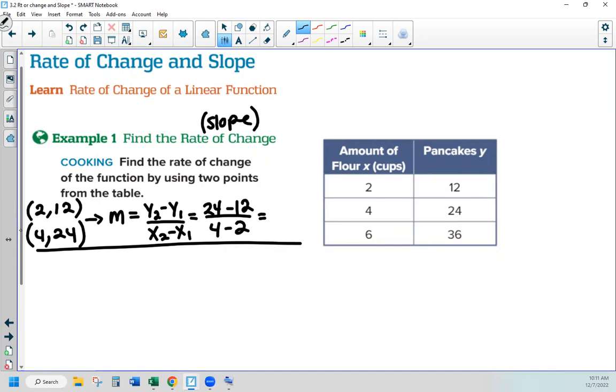What does this turn out to be? 24 minus 12 is 12. And then 4 minus 2 is 2. 12 divided by 2 is 6. So we have a slope of 6, or 6 over 1.